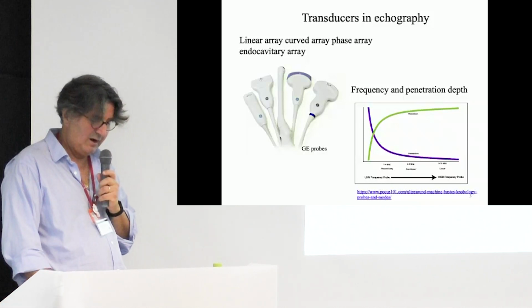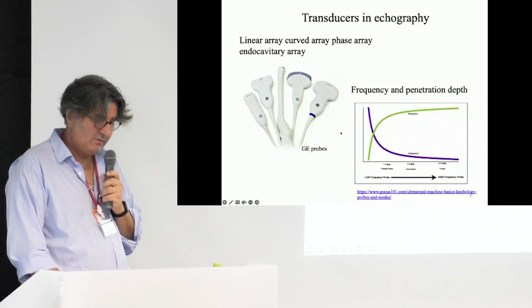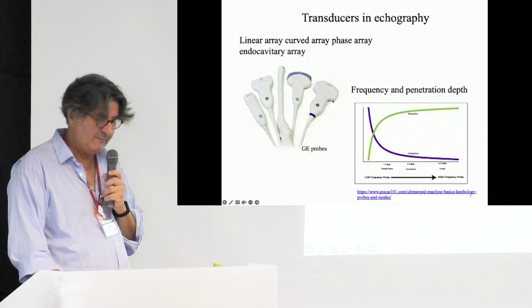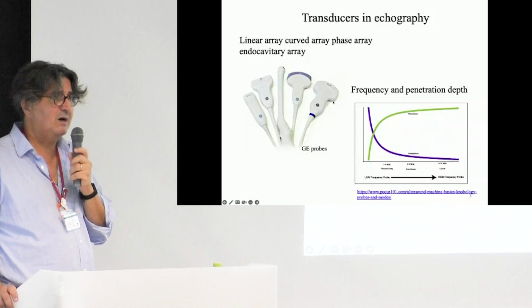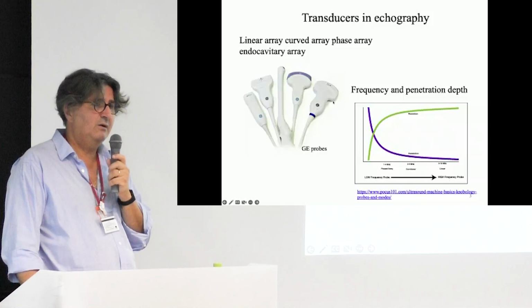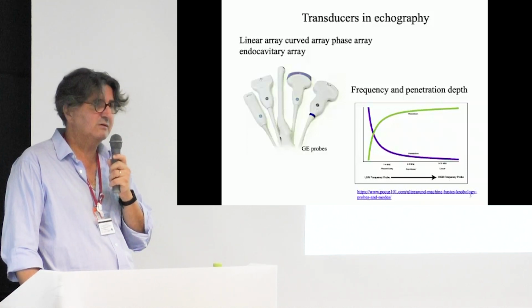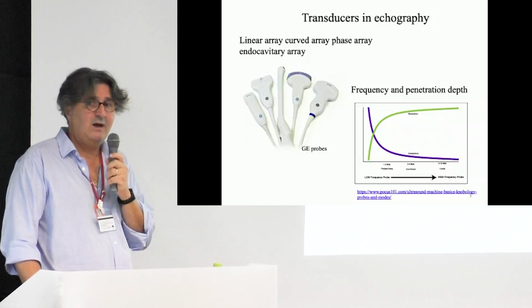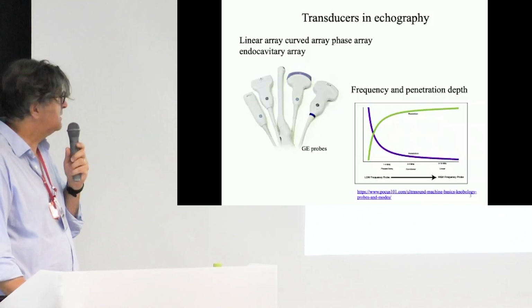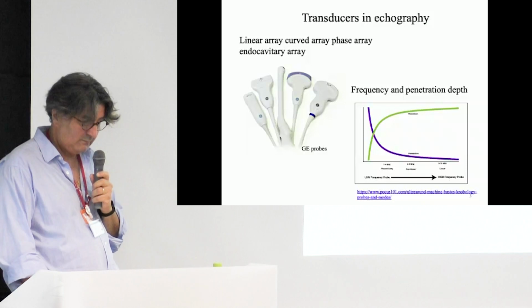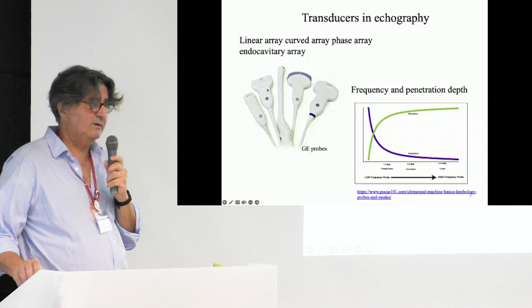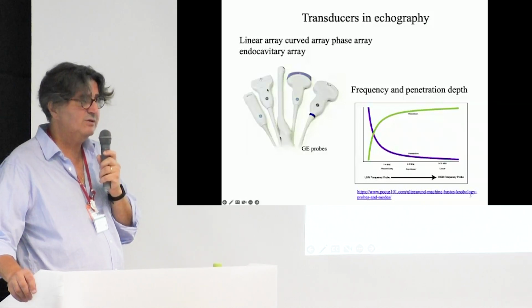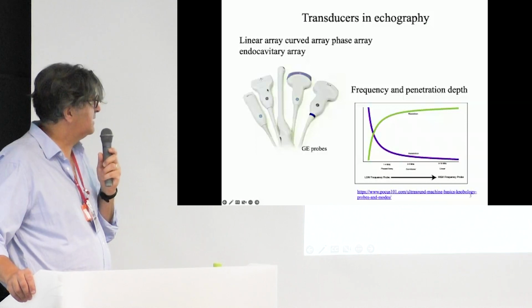These few probes will depend on the targeted applications. For instance, you have here sectorial probes that are shown here. These sectorial probes are generally used for deep inspections in the body, like obstetric applications. You have linear probes, and this is more for high frequency applications, I would say around 15 megahertz.